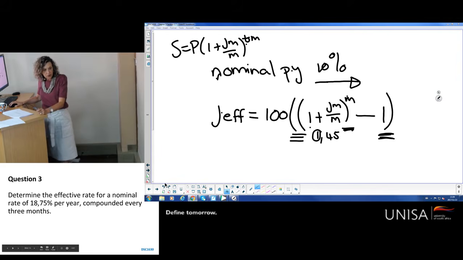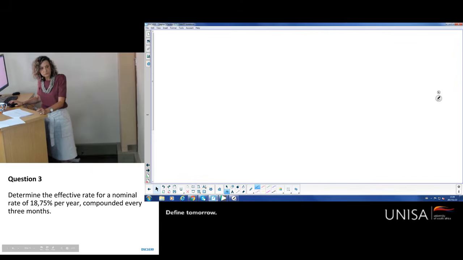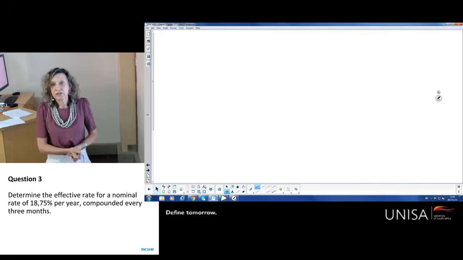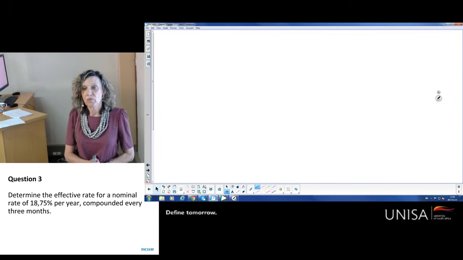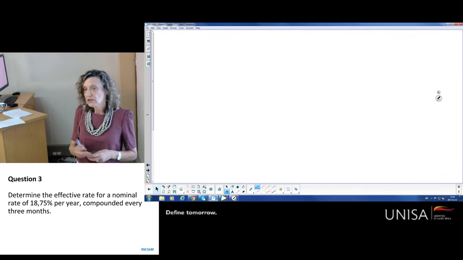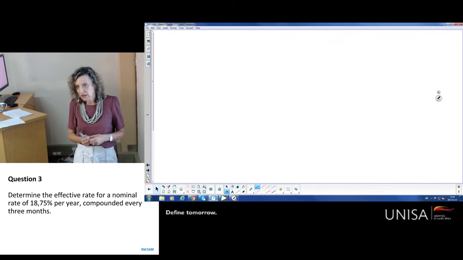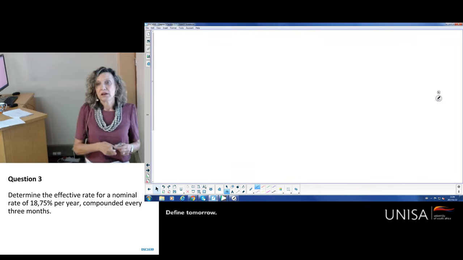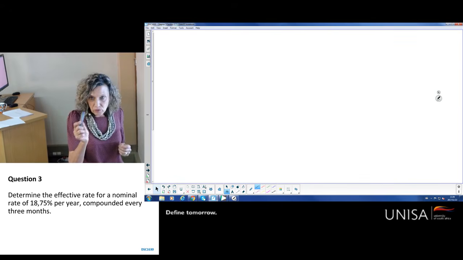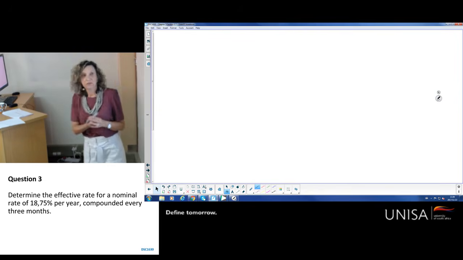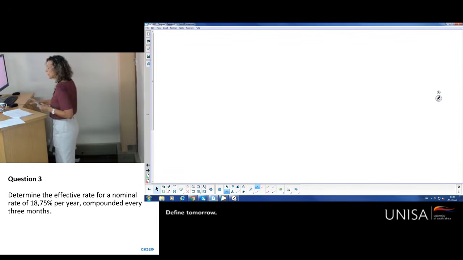Let's look at an example. Determine the effective rate for a nominal rate of 18.75% per year compounded every 3 months. So you can see there's the word effective rate, but also nominal rate. So it's actually writing the one in terms of the other, but we know the ID word is effective rate. So we know the formula.